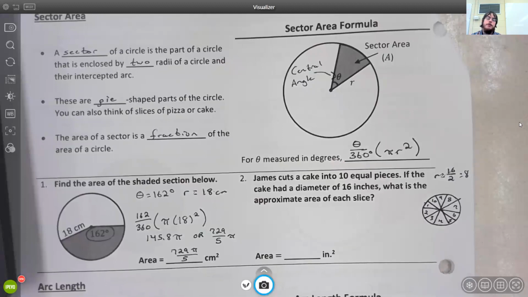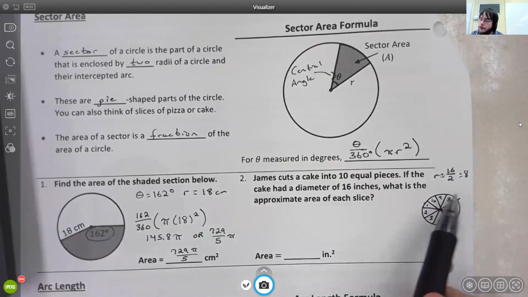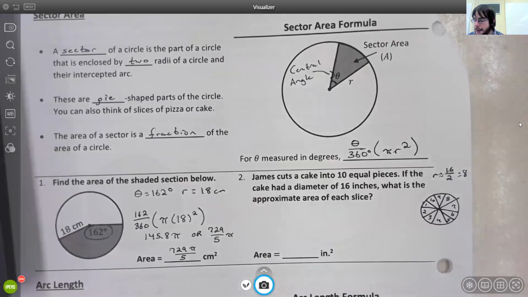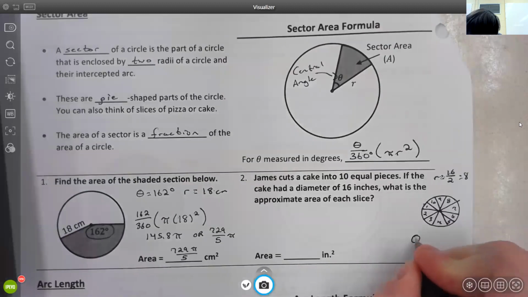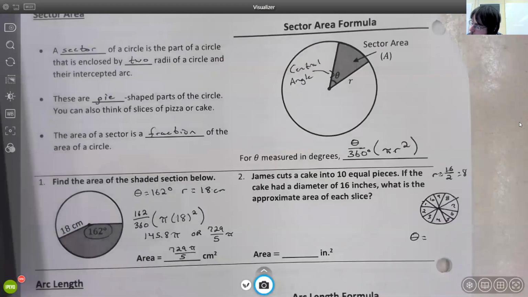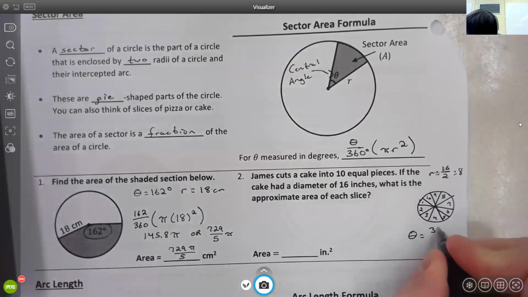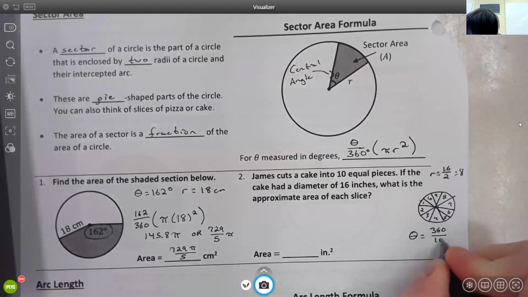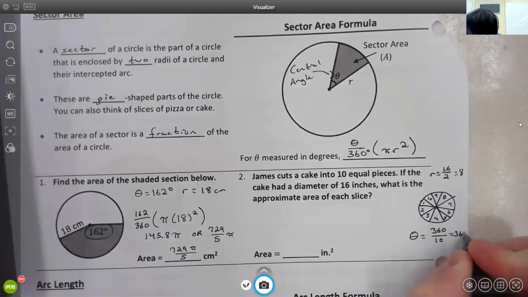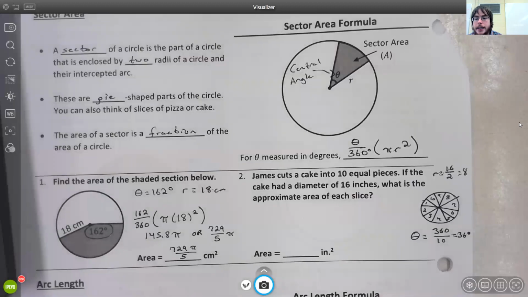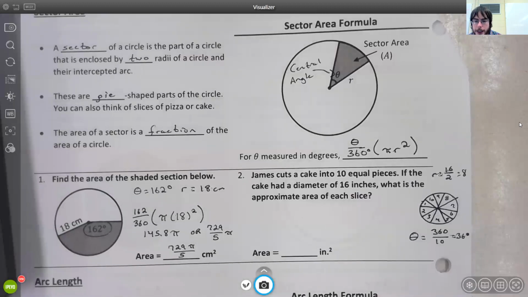All the angles have to equal the entire thing, and the entire thing for a circle is 360. So to determine what theta is, which would just be the one, we take 360 and divide it by the number of slices, which is 10. And so we find that our theta is equal to 36 degrees.